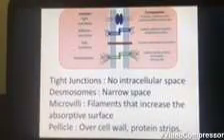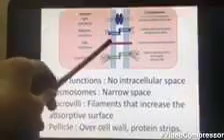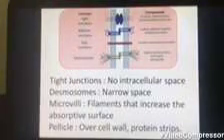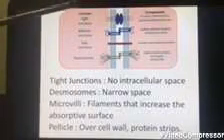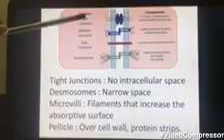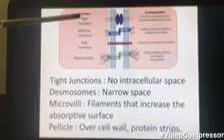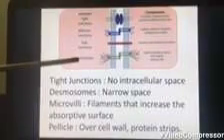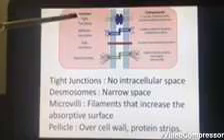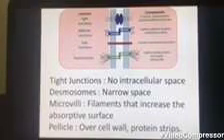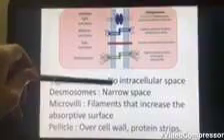Now here in this diagram there are two cells present, and you can see the various kinds of connections that are present in between the cells in this picture. Here junction means the place where two cells are meeting. The two important junctions are tight junctions and desmosomes. The tight junctions are made up of certain kinds of proteins, and there is no intracellular space between them.